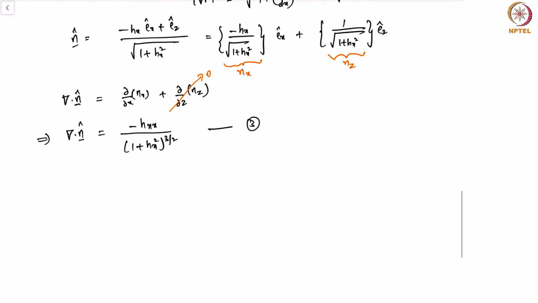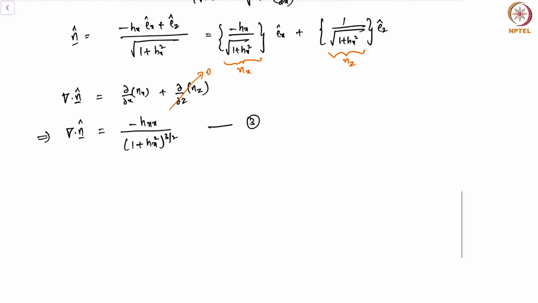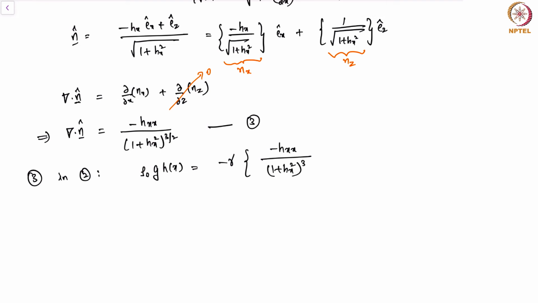Now we can simply substitute equation 3 into equation 2. We simply get rho naught g h of x will be minus gamma times del dot n, and del dot n is nothing but minus hxx by 1 plus hx square whole power 3 by 2.